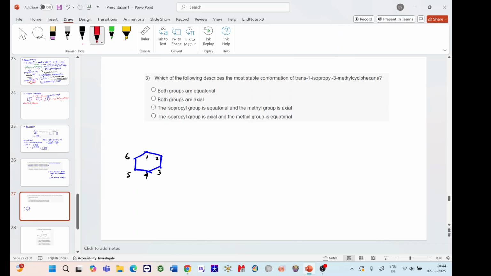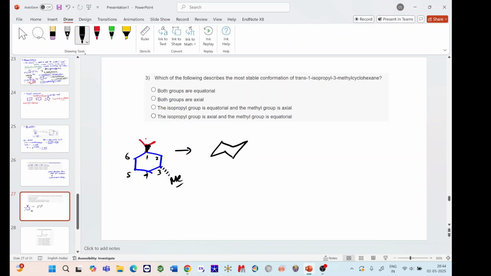Now 1 isopropyl, I'll give it this one, on the top of the plane. Then 3 methyl, but trans. If it is on the top, it will have to go to the bottom because it is trans. This is your methyl, right? Now you try to draw this in the 3D representation.